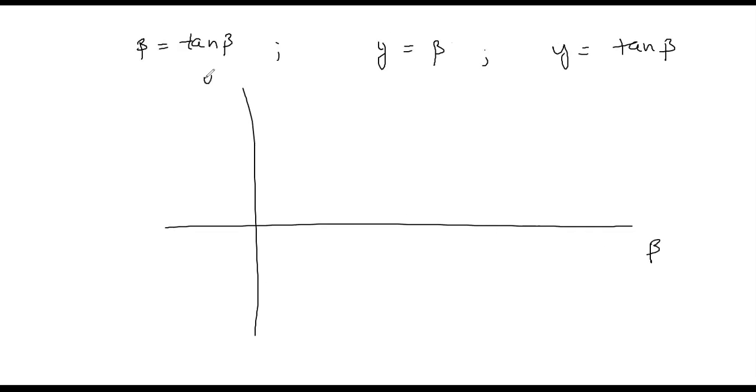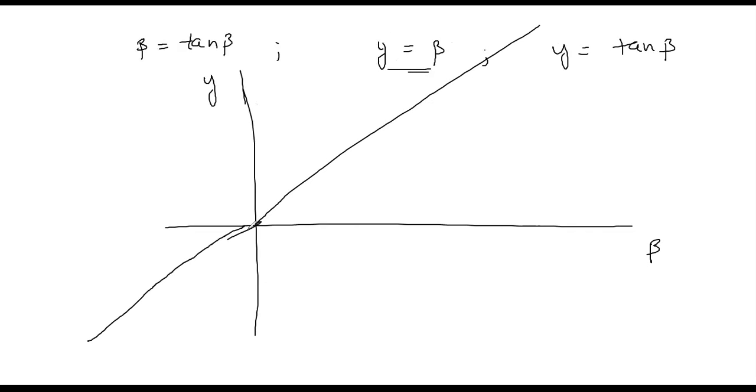This is beta and let's say this is y. You are very well familiar with what these kinds of graphs would look like. Y is equal to beta would be a straight line passing through the origin. Sorry about the poor drawing. So this is your y is equal to beta line. Now y is equal to tangent beta. How will the tangent function look?